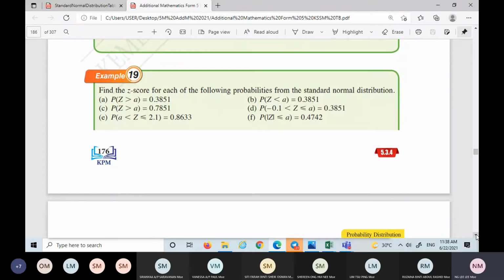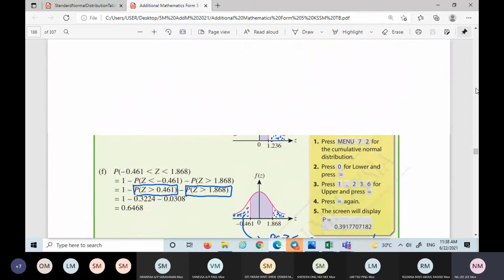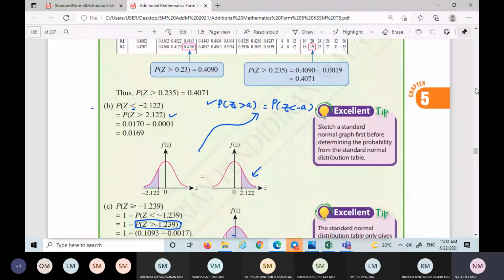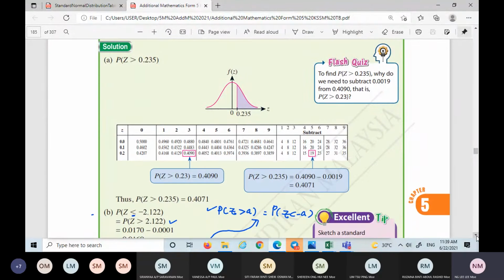Okay, this is what we want to learn for today. For that day, I give one example, a simple example, the simplest example. So you see, the day you have learned how to use this table to find the area or the probability.